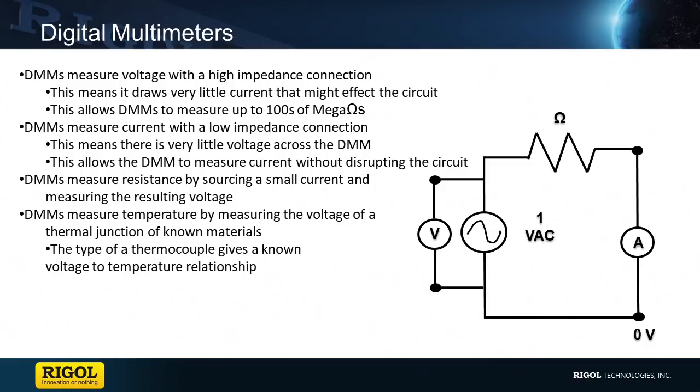There are two ways we can use the voltmeter to measure this circuit. When you use it as a voltmeter, we put it in parallel with what we're trying to measure, and it has a high impedance connection.